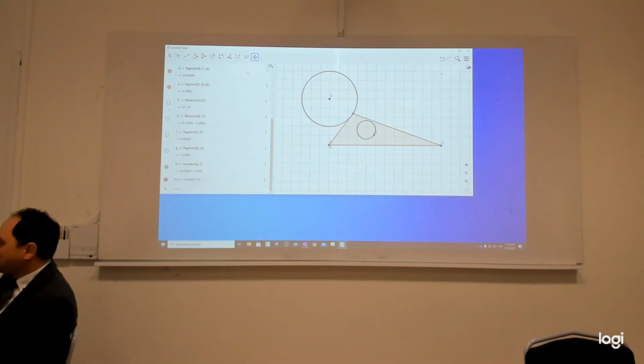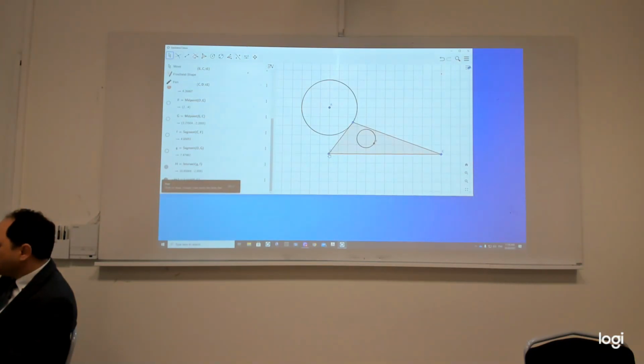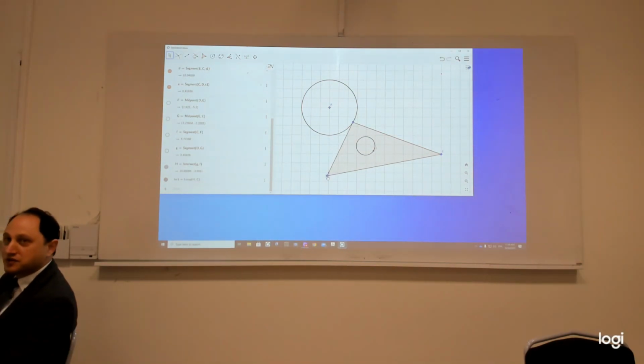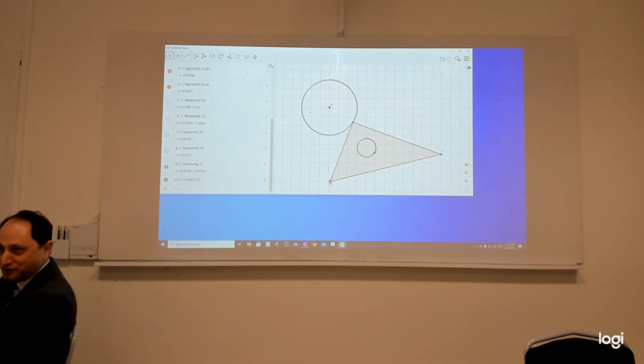The point is that if I start, let me see if I can change this one. You see, when I change this, it is very strange. The location of the locus is changing, but the size is not changing. I wasn't able to see this before, but now I understand everything mathematically.